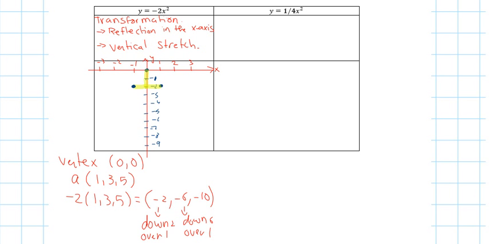That's 1, 2, 3, 4, 5, 6 over 1. So I'm going to end up at this point. It's going to be exactly the same on the other side because of the symmetry. Remember my symmetry? And this is my graph.